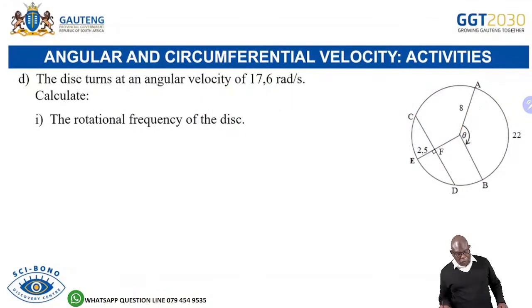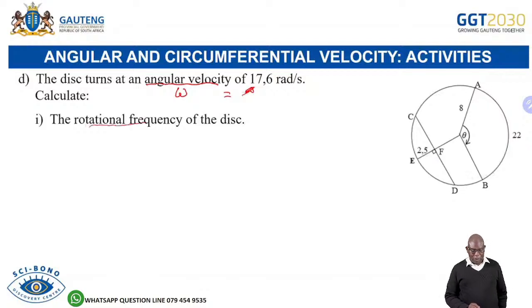Okay, so D, very, very important question also. The disk turns at an angular velocity, so meaning that that omega is given, it equals that value. So calculate the rotational frequency of the disk. So you can see that this omega is given.